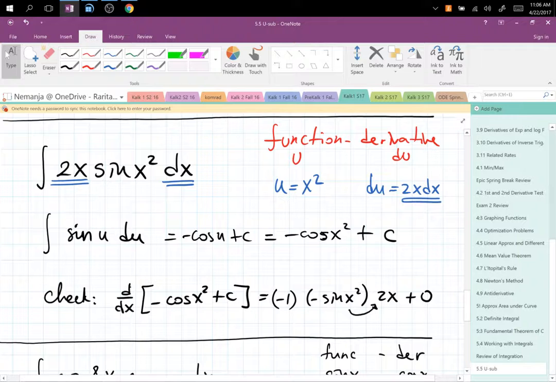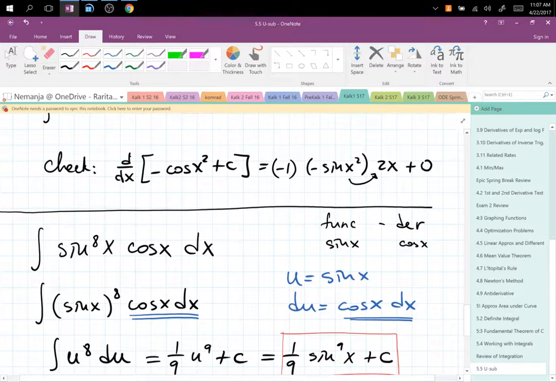But only one of them is the right choice, and the other ones will make the problem impossible to do. The trick is to look for a function-derivative pair, keeping an open mind that you can always fix constants. So even if this problem was just x sine x squared, I would still use the same x squared, because that 2 that was missing, I could just put 1/2 in front, and I would still be able to solve the problem.